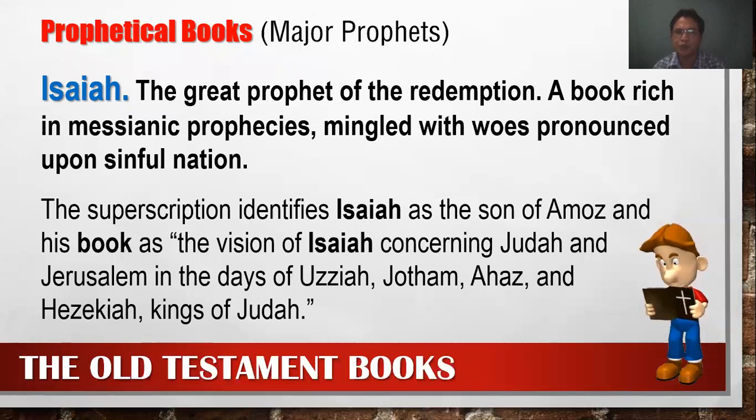The superscription identifies Isaiah as the son of Amos, and his book as the vision of Isaiah concerning Judah and Jerusalem in the days of Hosea, Jotham, Ahaz, and Hezekiah, the kings of Judah.